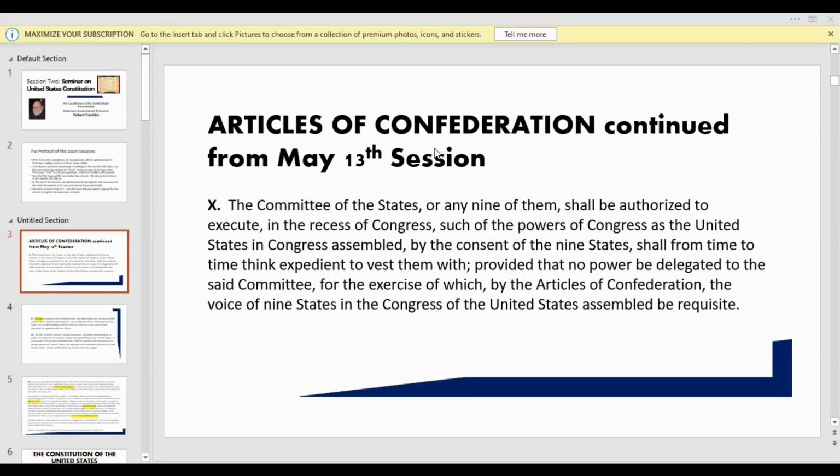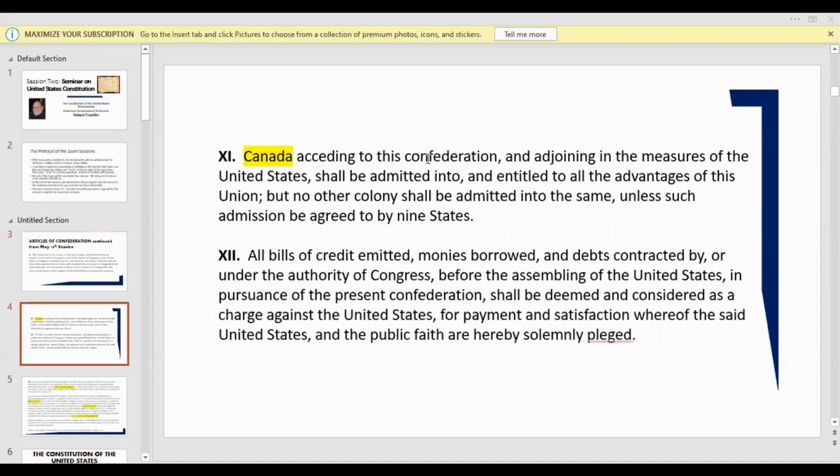Moving on to the next slide, which should be slide number 4. This one is just historical fun. If you can picture a map of North America in the 1770s, you know that on the East Coast there were 13 colonies of England, which would ultimately become the 13 states that broke away under the Declaration of Independence. But what was to the far north of those 13 colonies?